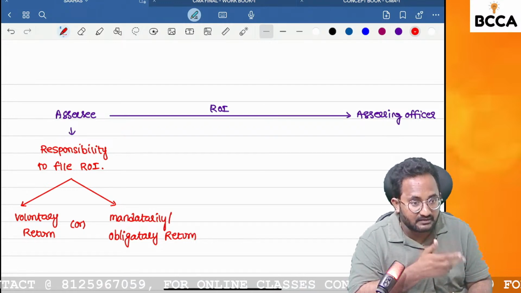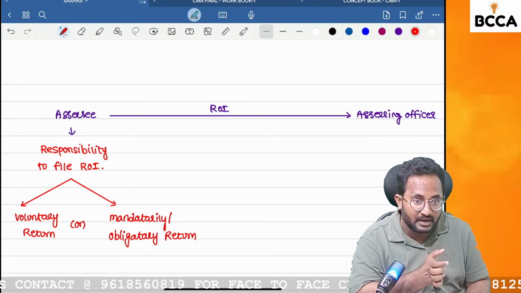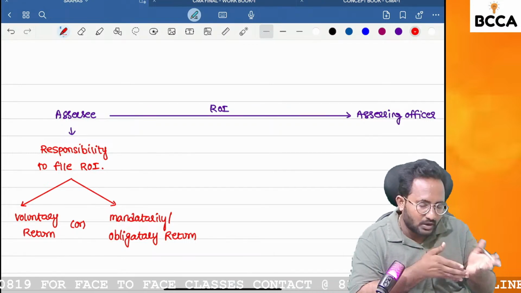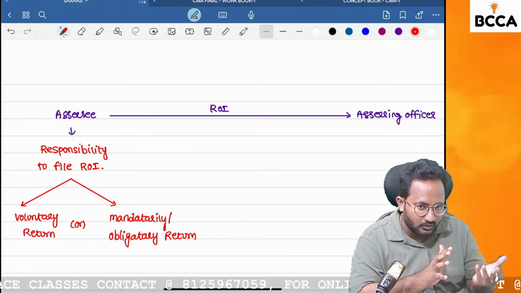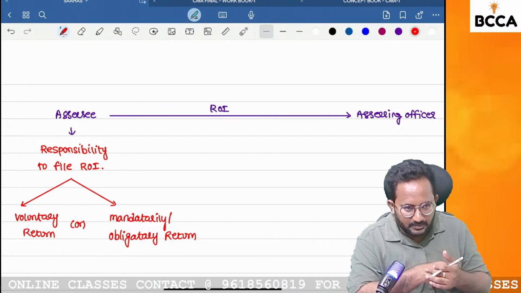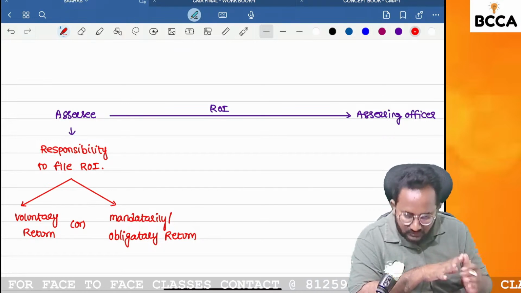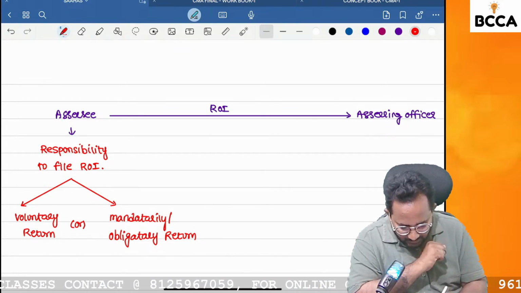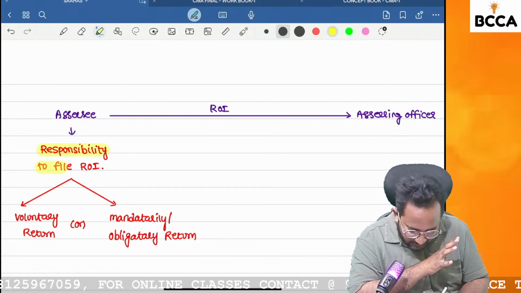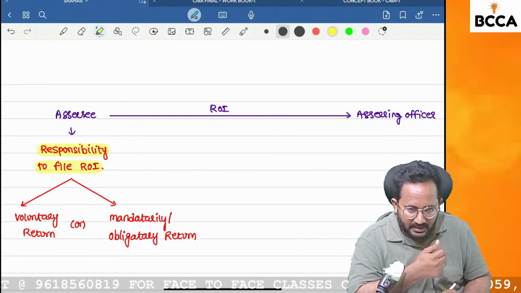But some SSEs are interested in filing the return of income even though they don't have any obligation. Normally you are not required to file, but you file for the purpose of getting loans, increasing your credit rating, etc. There is no other purpose. So voluntarily you can file, or mandatorily or obligatorily you can file.